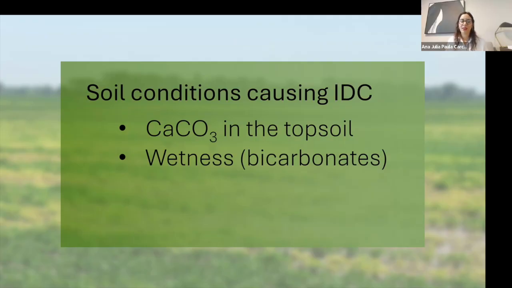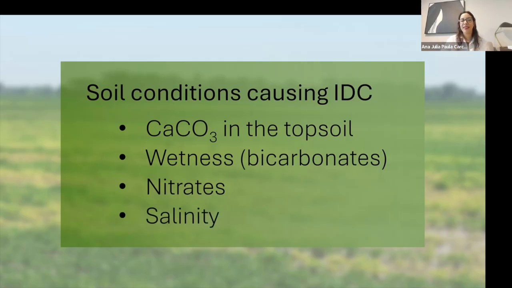So there is a lot of time that we have waterlogging in our soils, and that makes these carbonates go to bicarbonates, and that's basically the problem. Then, as Brady mentioned, nitrates also might cause IDC, but they affect it in a completely different way. And salinity as well.